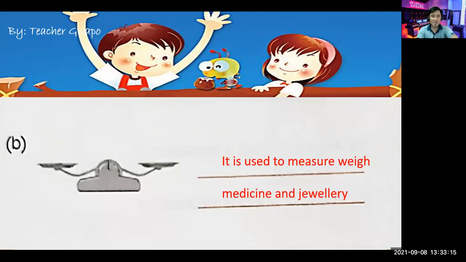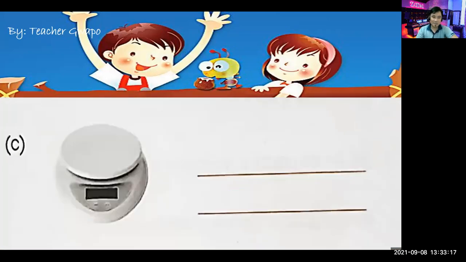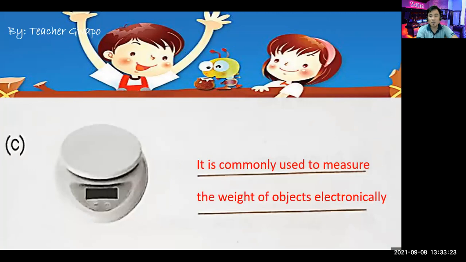That's letter B. Letter C, what is this? It's commonly used to measure the weight of objects electronically. This is an electronic scale.